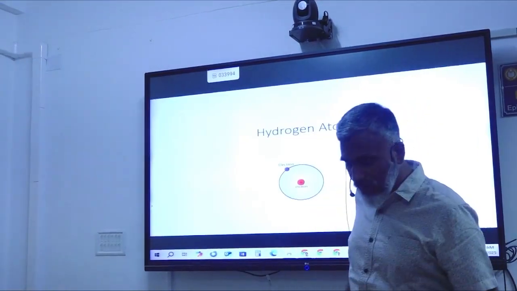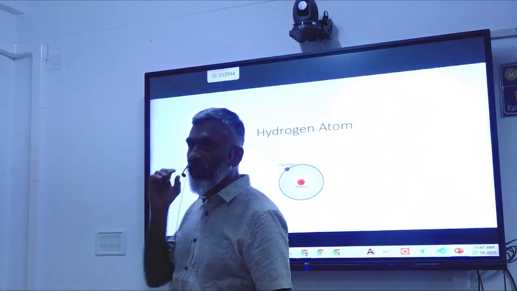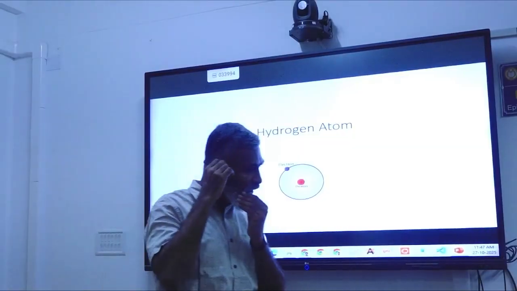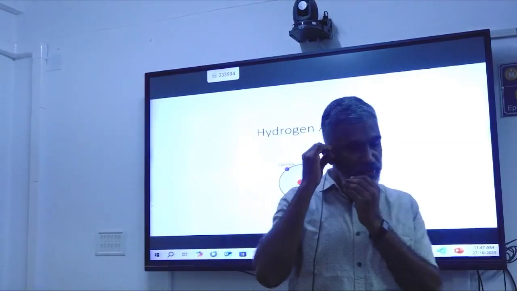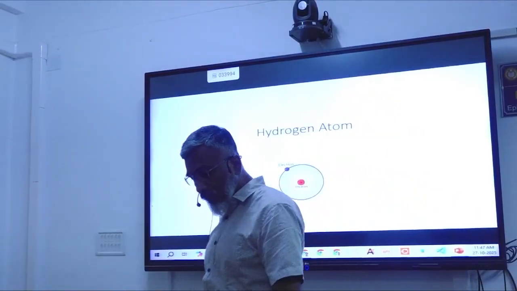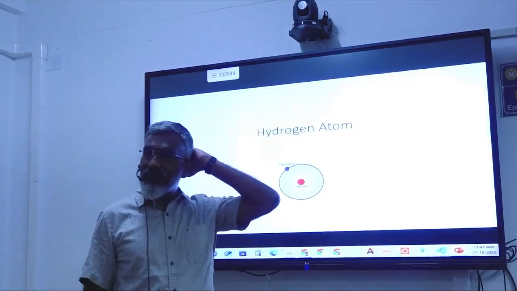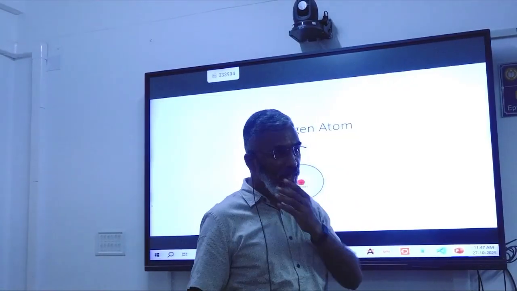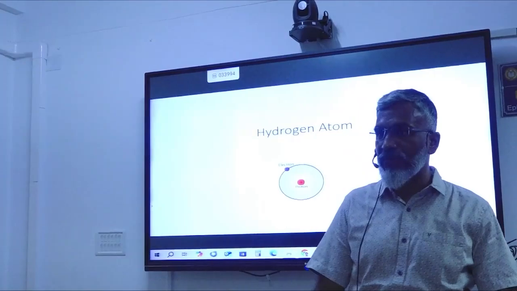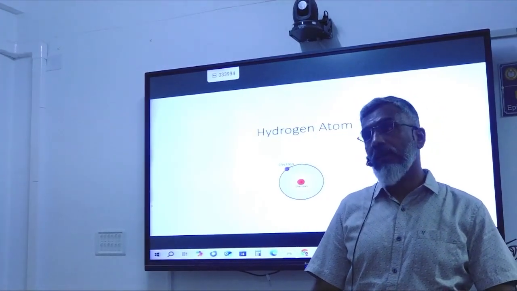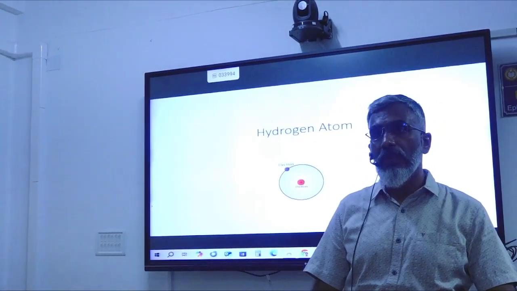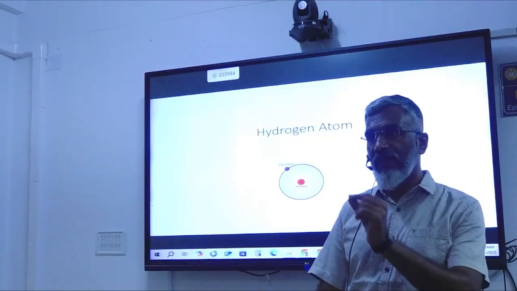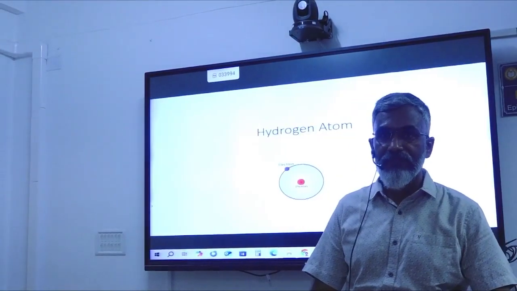All right, so let's continue with the hydrogen atom. Now this is hydrogen atom using quantum mechanics. Okay, we have seen the semi-classical approximation, but I'm not going to go through each and every step of the derivation.